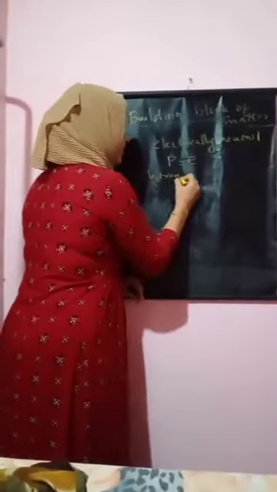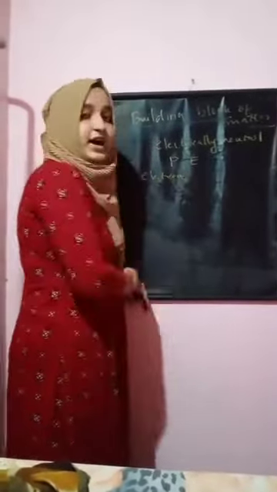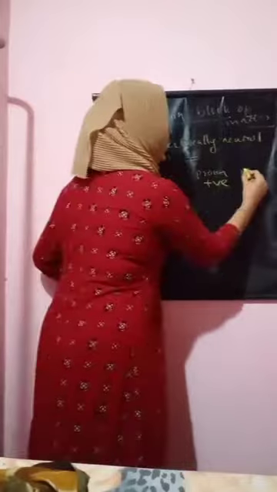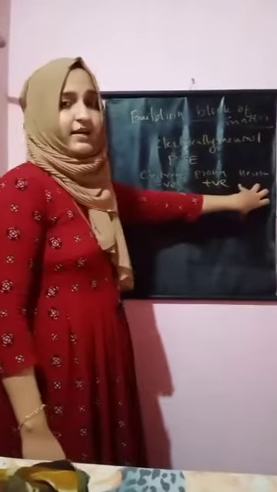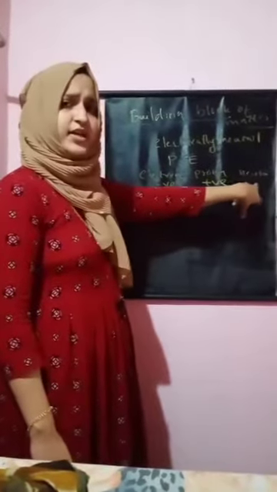Then coming to the charges, electrons are negatively charged, protons are positively charged, and what about neutrons? We can find it from the name itself because neutrons don't have any charge. Then what is the use of the neutrons here?